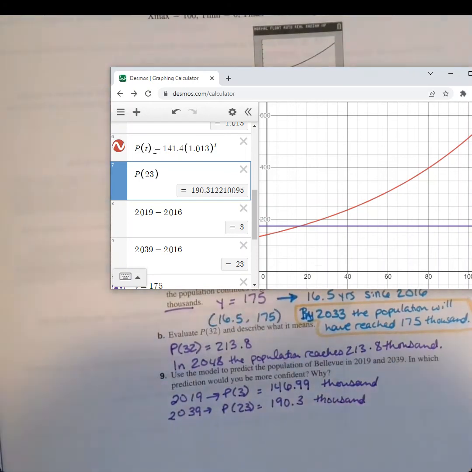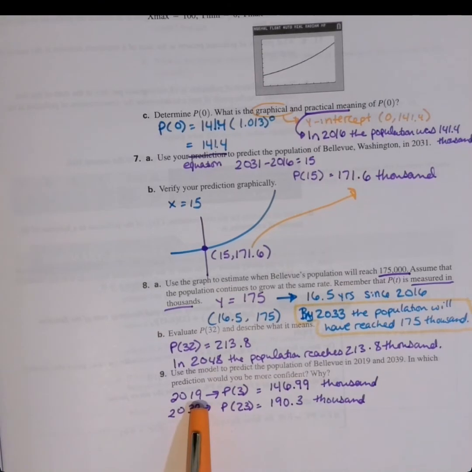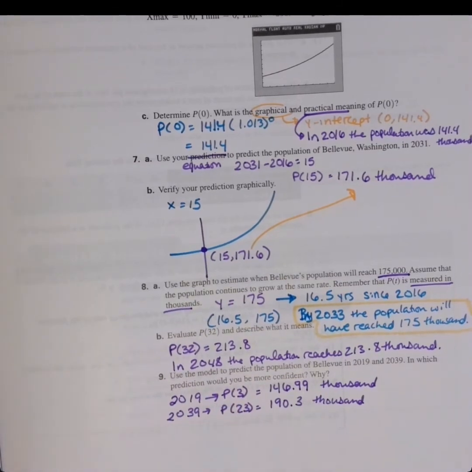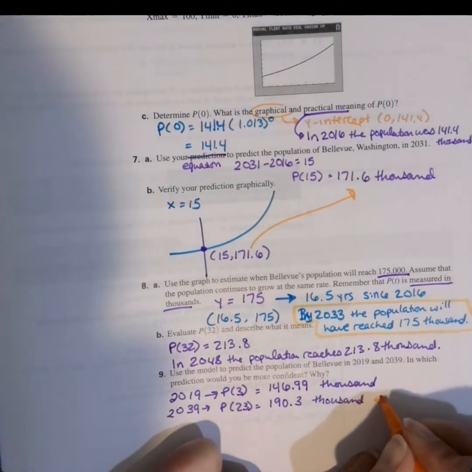Which prediction are we more confident in and why? Well, remember that our initial year was 2016, and the further away we get from the data set and the initial values, the more error we're going to have. So this one is further from the data.